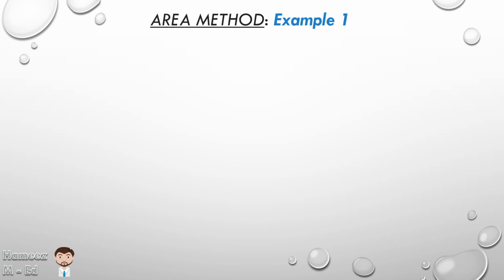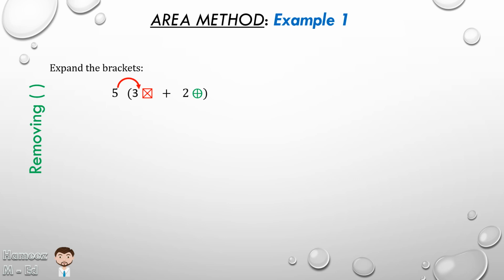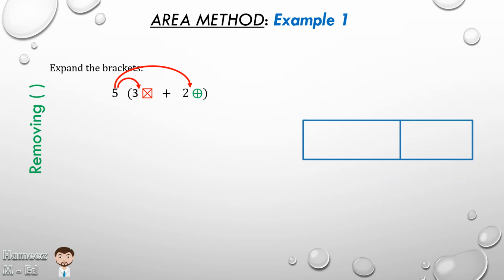So let's look at the same example from before, solving it now using the area method. The question was 5 times 3 squares plus 2 circles. If you remember what we did, we multiplied the 5 times the 3 squares and then we multiplied the 5 times the 2 circles. If we consider this to be like rectangles using the area method, then the width and the length of the first rectangle will be 5 and 3 squares, and the 2 circles will be for the second rectangle.